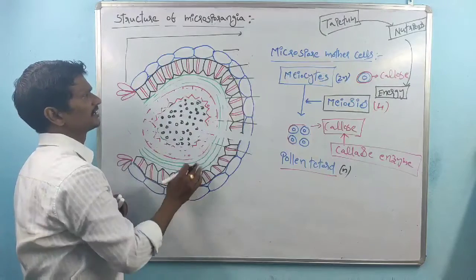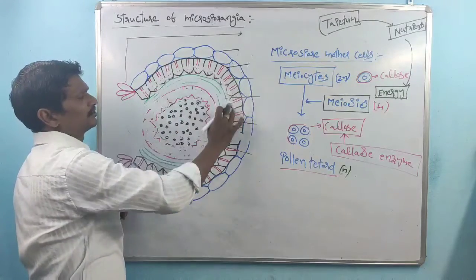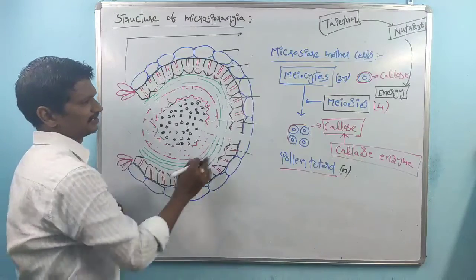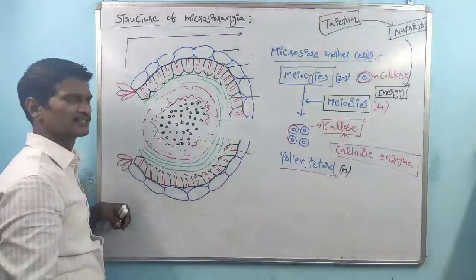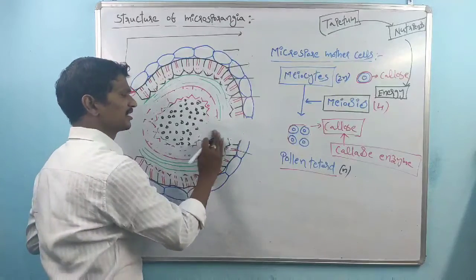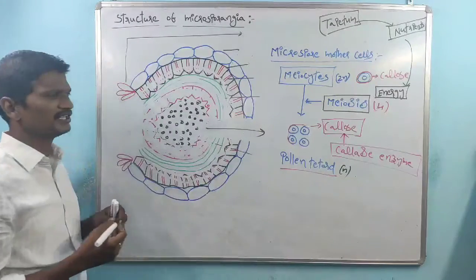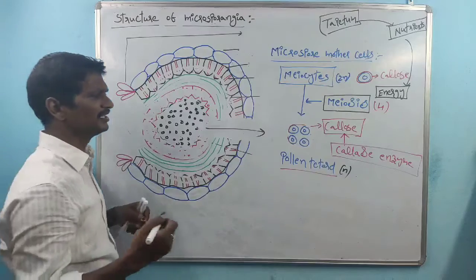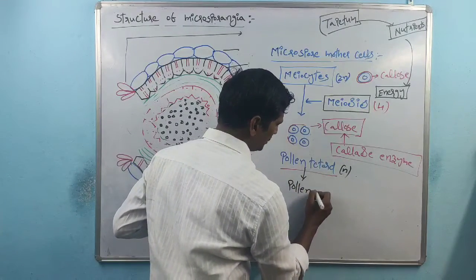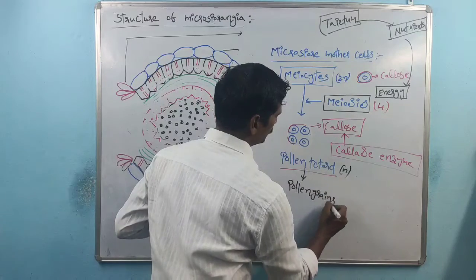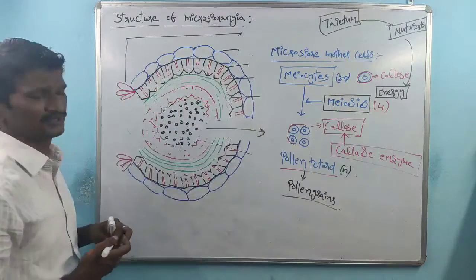The middle layers are degenerated, right? The endothecium cells are degenerated. The anther wall, the epidermis, is broken down. The pollen grains are released out. So that is about the anther structure.